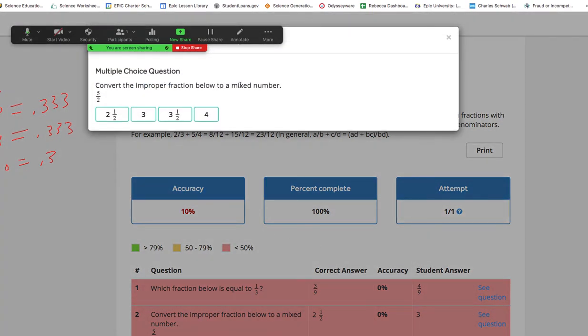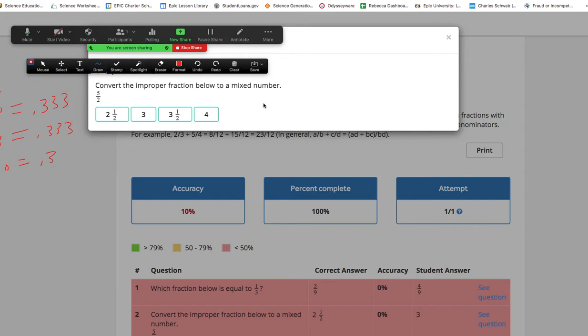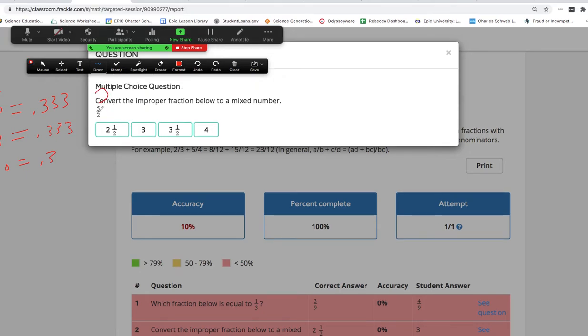So now let's look at this one. Convert the improper fraction below to a mixed number. Here's the fraction. First of all, I just want to show you something. If you have 3 1/2, to calculate that into an improper fraction, all you do is multiply the denominator by the whole number and then add the numerator.